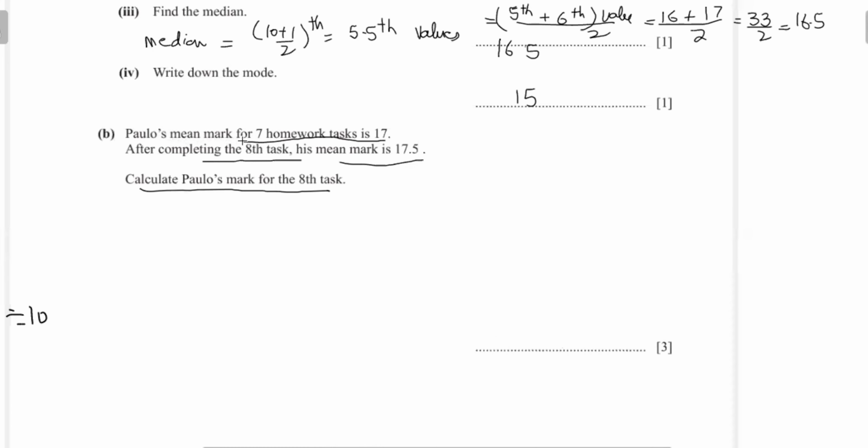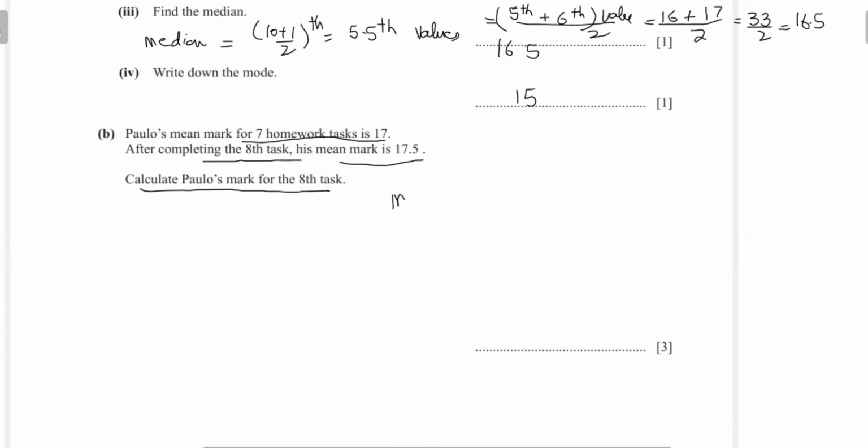Part B, Paulo's mean mark for the homework tasks is 17. After completing the 8th task, the mean mark is 17.5. Calculate Paulo's mark for the 8th task. Firstly, we write the mean of 7 values.